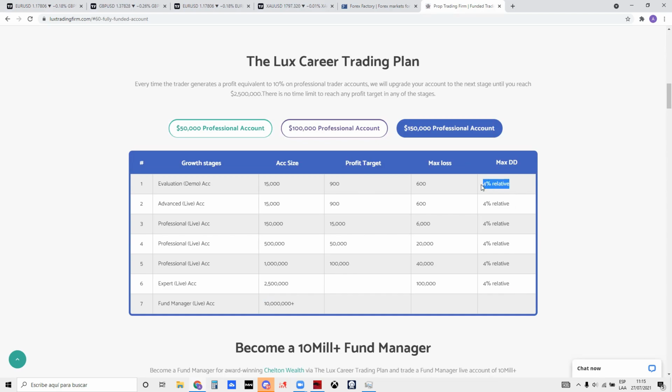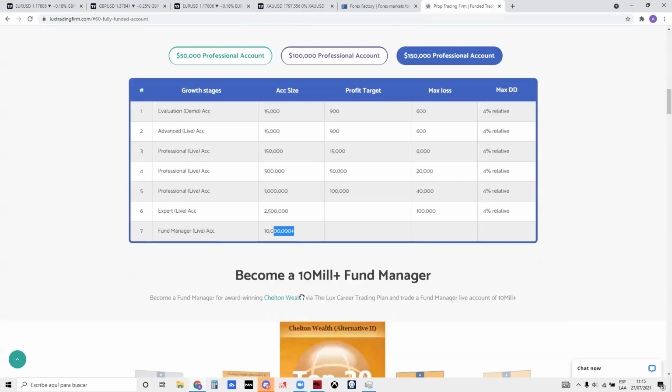So it doesn't matter. You just diminish the risk and that's it. If you are a good trader, you can do that. It's the same as trading a normal account, but you diminish the risk. And once you hit the target, you can duplicate your account over and over again until you get to 10 million, which is insane.